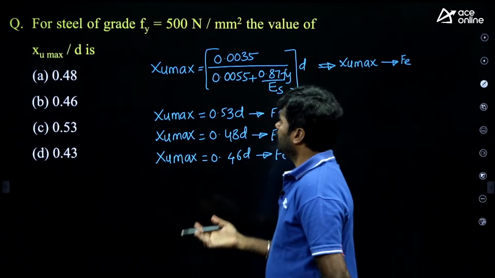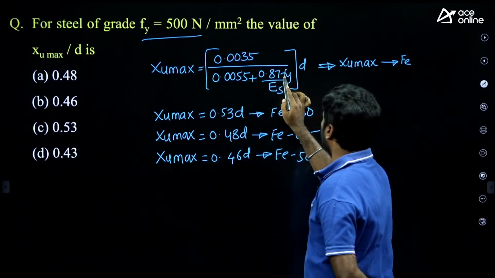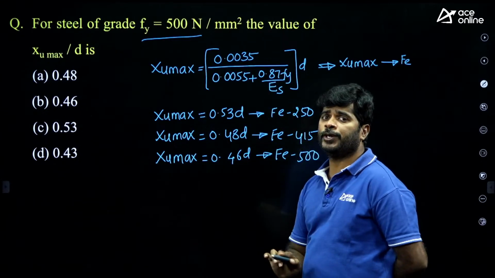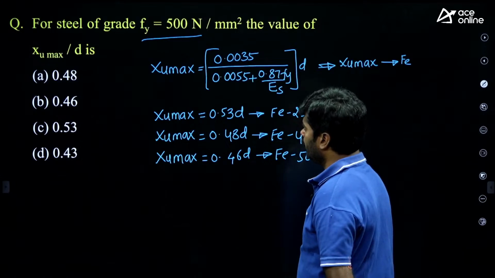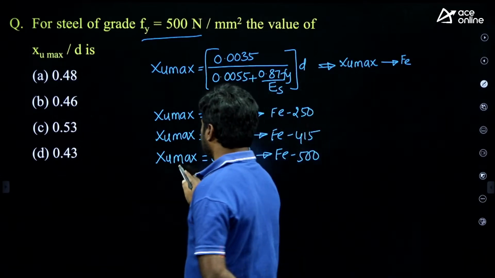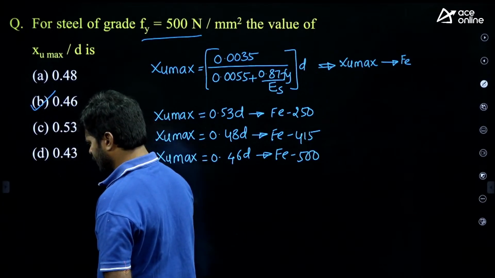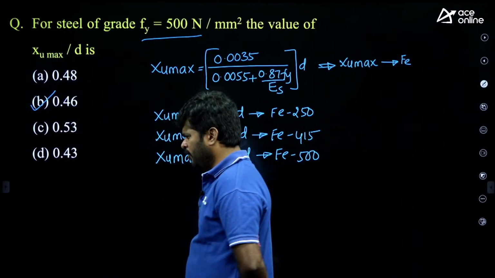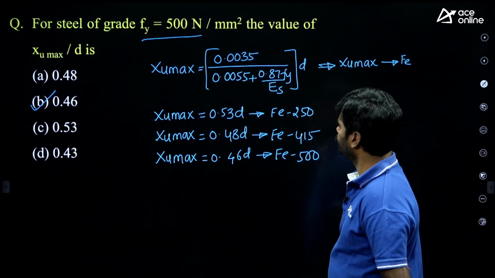Here given Fy equals 500. If you substitute Fy 500 and E value 2 into 10 to the power of 5, you will get 0.46D. They are asking xu max upon D, so option B is correct, 0.46. Okay? Right. Next one.